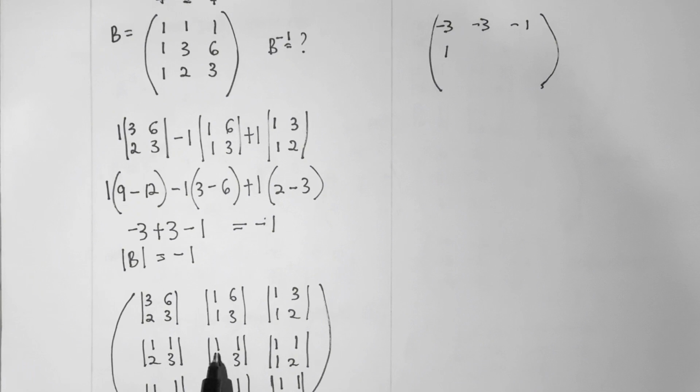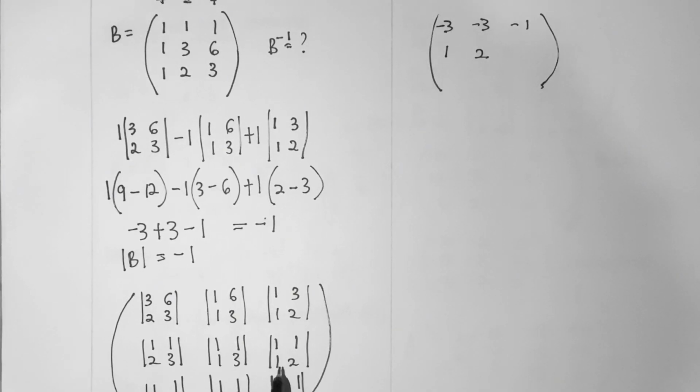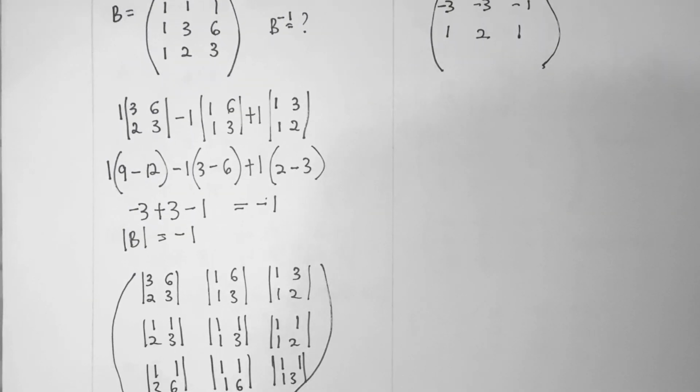Then if we come to this place, 1 times 3 is 3. Then minus 1 times 1 is 1. So 3 minus 1 is 2. Then if we come to this place, 1 times 2 is 2. Then 1 times 1 is 1. 2 minus 1 is 1. Then if we come here, 1 times 6 is 6, and 3 times 1 is 3. 6 minus 3 is 3.